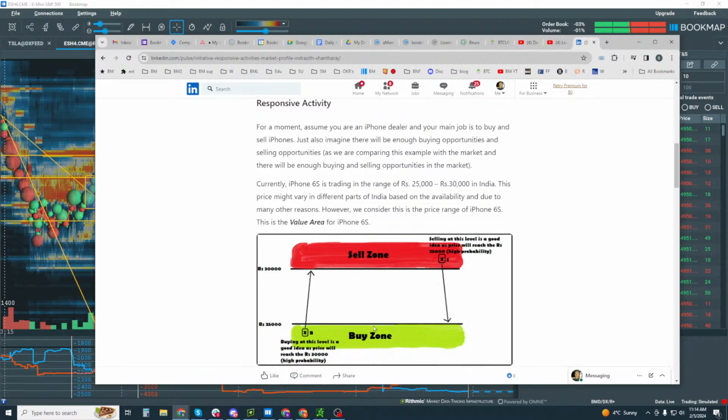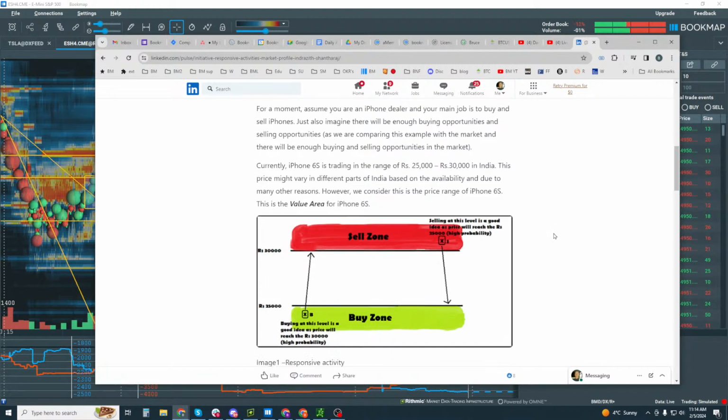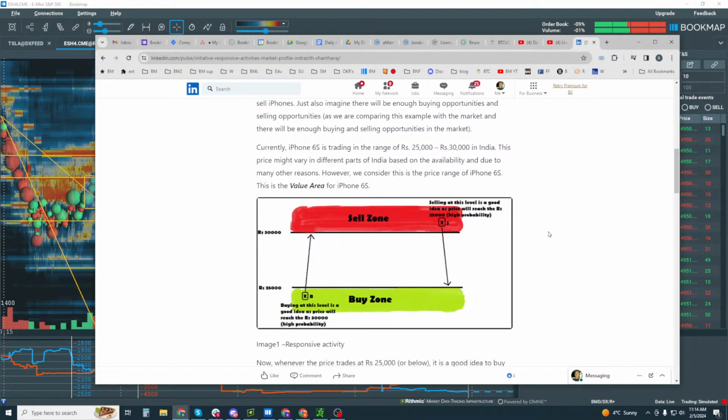Yeah, see, this is exactly the way I kind of looked at it as well. Very similar to this guy here. So your sell zone in here, responsive sellers, responsive buyers.